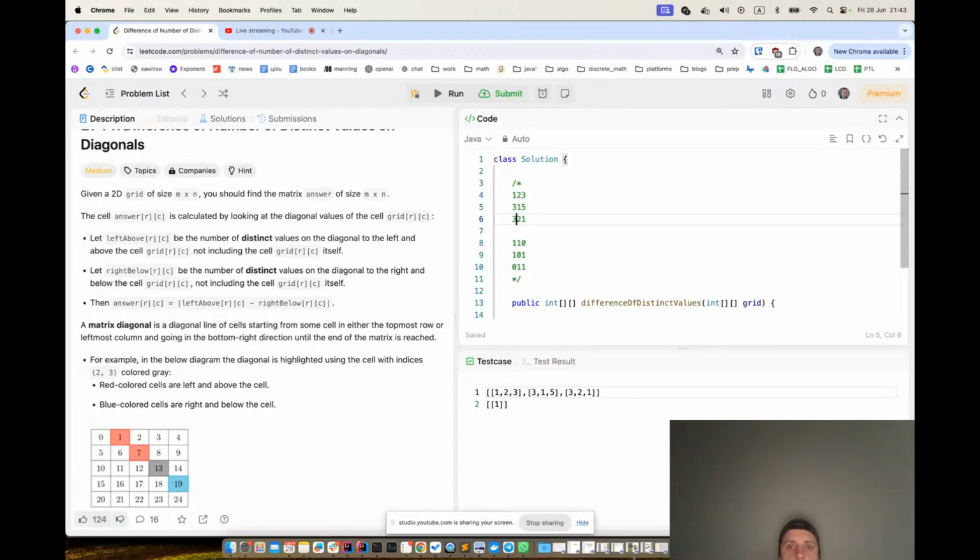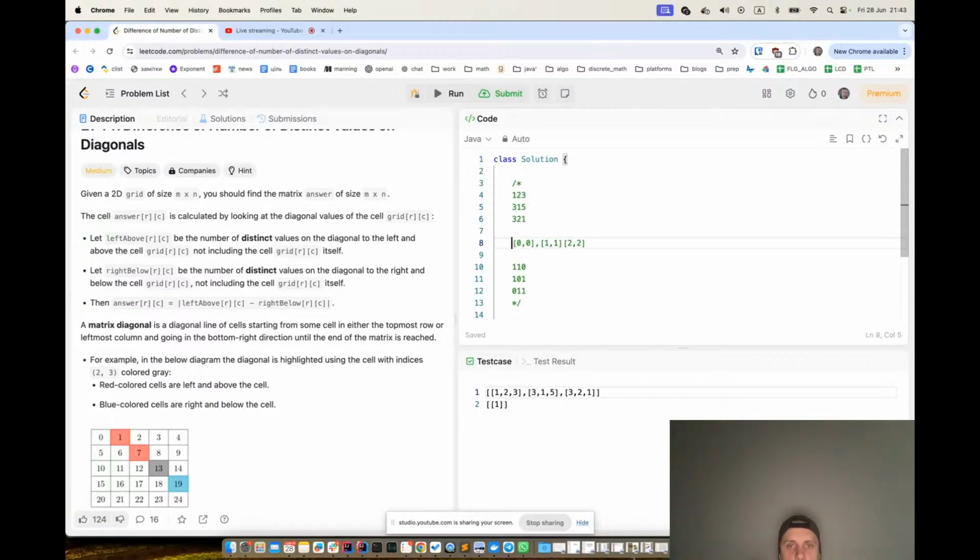So I believe that we can create some kind of diagonal distinct values. So for example, we have 0, 0. So what kind of diagonals do we have? Then we have 1, 1 and 2, 2.